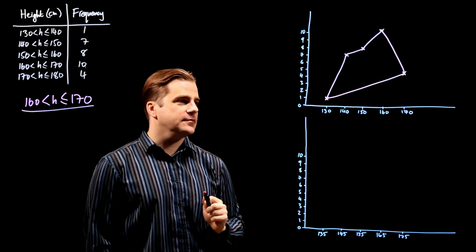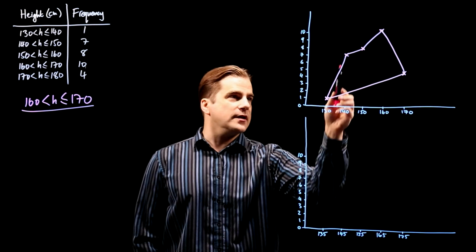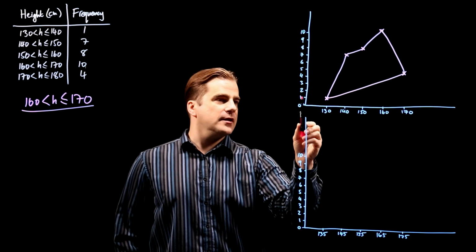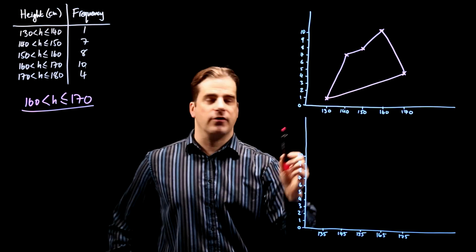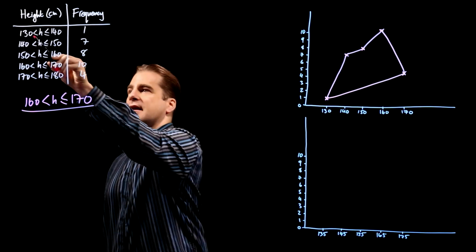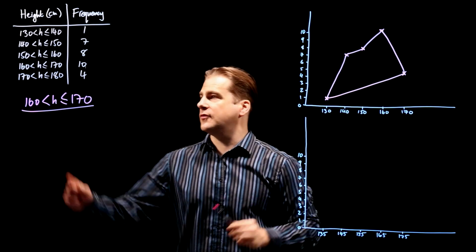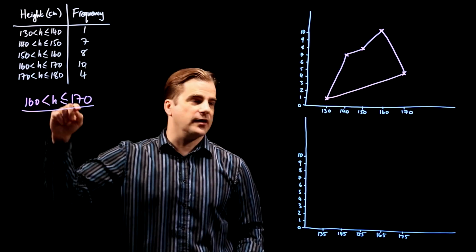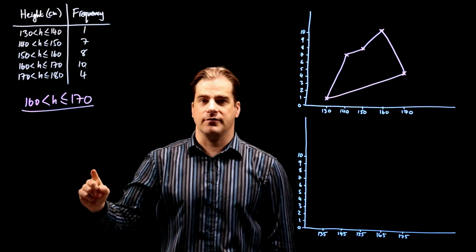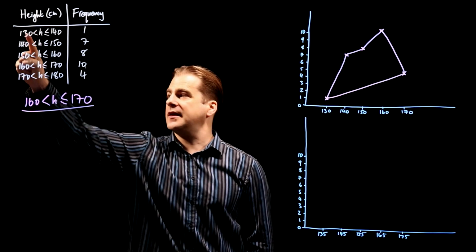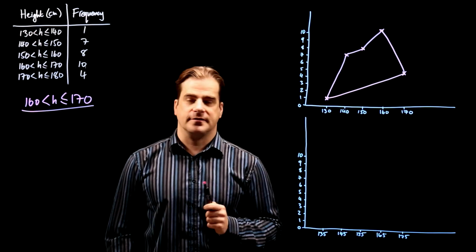The next thing is, if you look at the points where they've been plotted, the first one, they've plotted 1 against 130. Second one, they've plotted 7 against 140. They're plotting these frequency values against these numbers here. But you shouldn't do that.